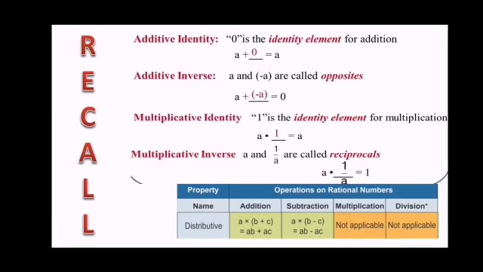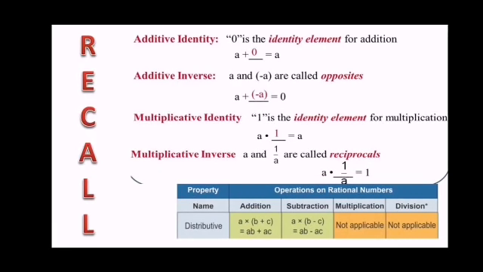Third, multiplicative identity. 1 is the multiplicative identity for all rational numbers, which means A when multiplied with 1, you should get the same rational number A back. Fourth property, multiplicative inverse. Rational number A should be multiplied with its reciprocal, that is 1 upon A. The product should be 1, which is the multiplicative identity.